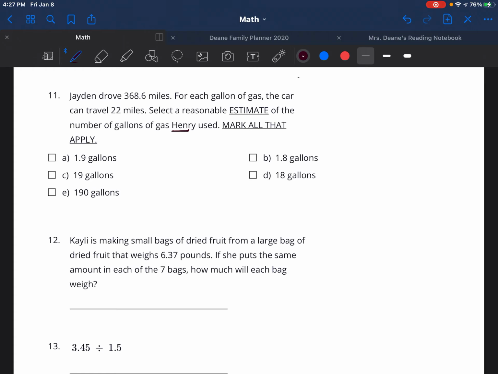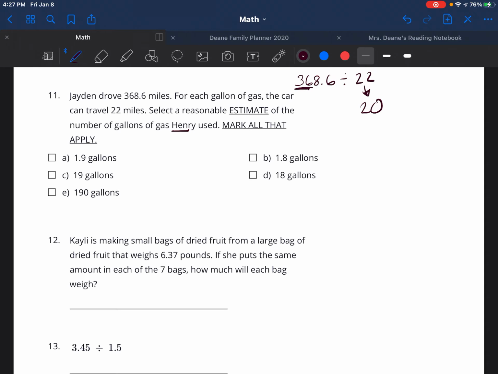So 368.6, I'm going to just write this up here so I can see what the original problem would look like. And then now I can go ahead and start estimating. So my divisor is 22, so I'm definitely going to estimate that to be 20. So now I've got to think, okay, what is close to 36 that 2 would go into evenly?